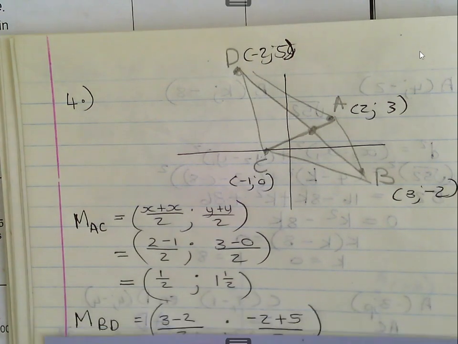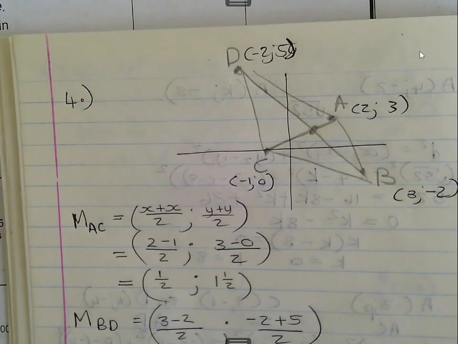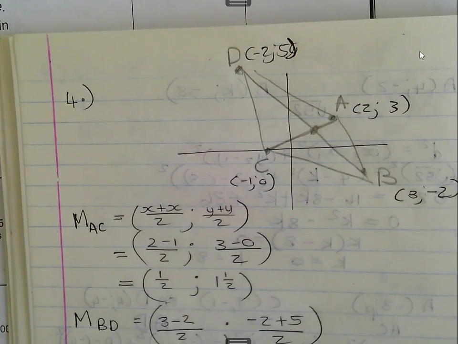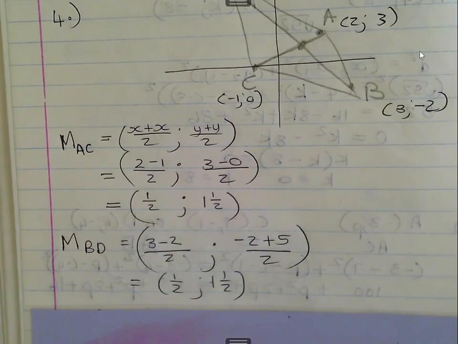Now we're going to calculate the midpoint of BD. And I find it to also be 1/2 and 1.5.